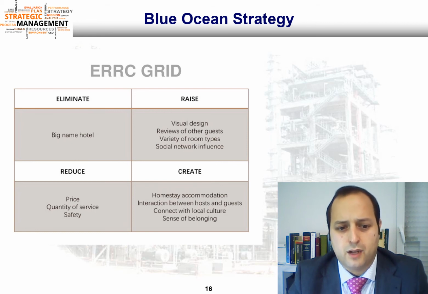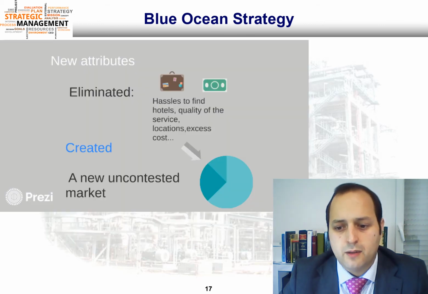Airbnb reduced the price, reduced the quantity of service, and reduced as well the safety. And Airbnb created homestay accommodation, interaction between host and guest, connection with local culture, and a sense of belonging. So Airbnb eliminated the hassles of finding hotels, locations, excess costs, etc. And Airbnb, for example, created a new and uncontested market.